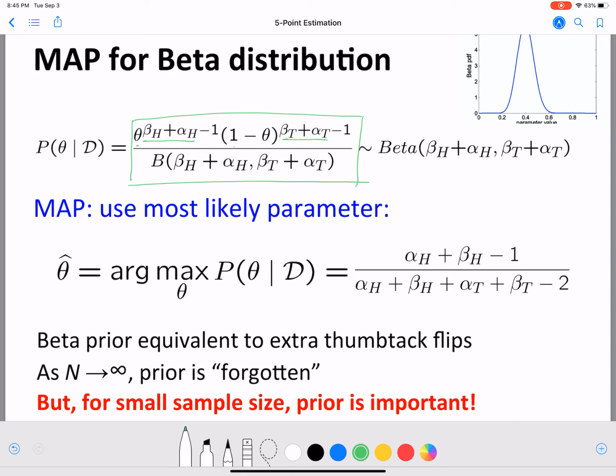So we can see that in essence, the beta prior is nothing but some extra number of coin or thumbtack flips, right? Because that's what the parameter value just adds to the number of heads and number of tails here. So beta prior is equivalent to an extra number of thumbtack flips.